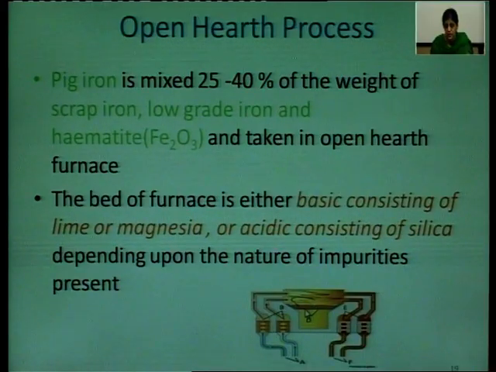It will be basic, made up of lime or magnesia, or when it is acidic it will be lined with silica, depending upon the type of impurities. If we have acidic impurities, we use a basic lining. If we have basic impurities, we use an acidic lining. Now let us see further.